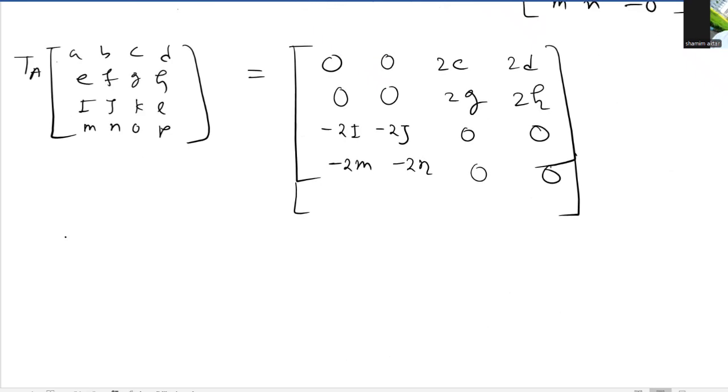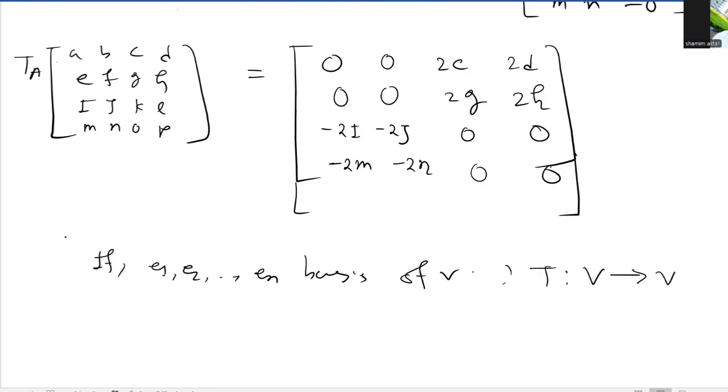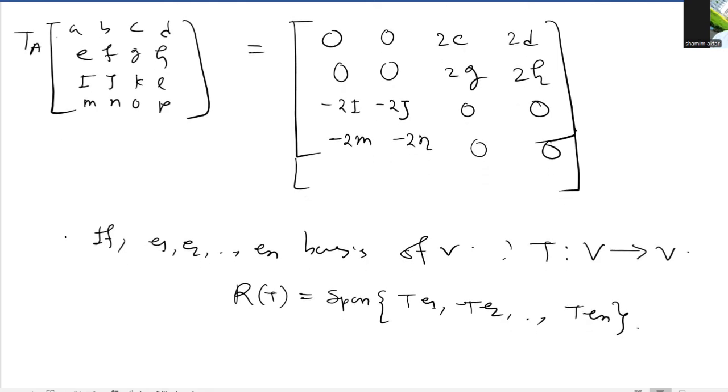We already know that if e1, e2, ..., en is a basis of V, where T is a linear operator from V to V, then the range space of T is spanned by T(e1), T(e2), ..., T(en). We first find these values, then find which set is linearly independent, and then we can find a basis of the range space and its dimension.